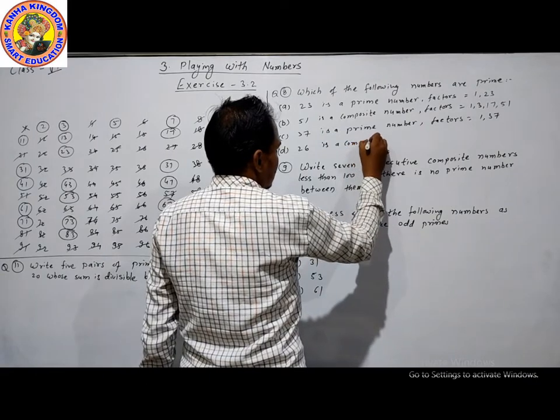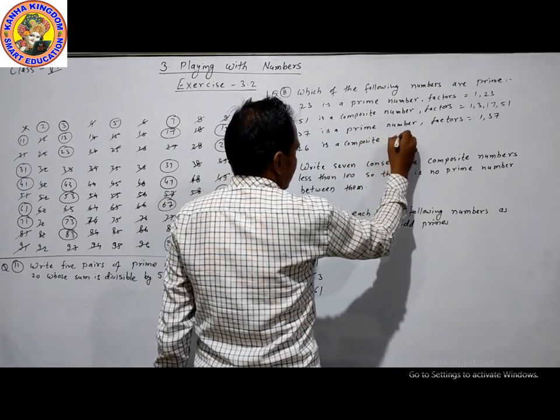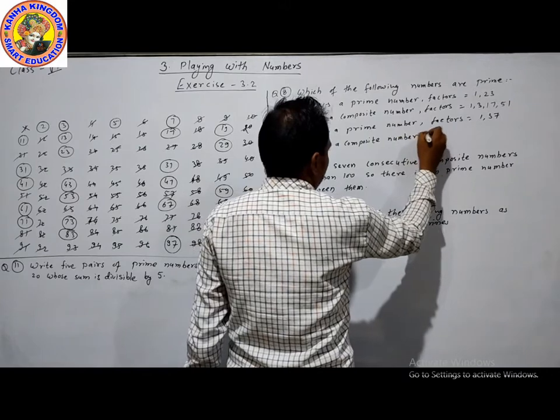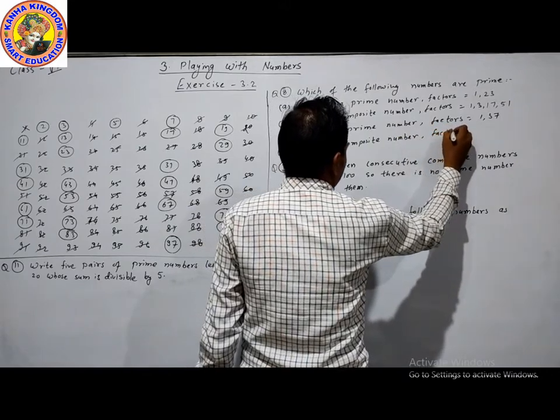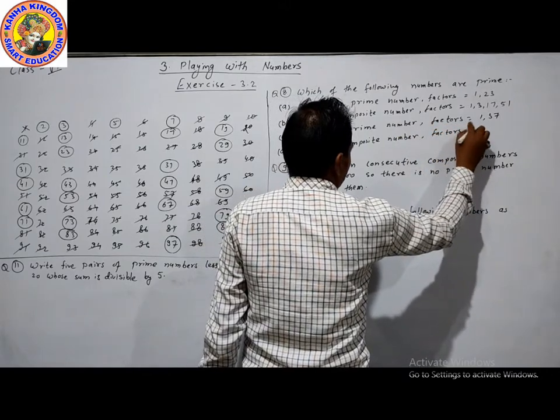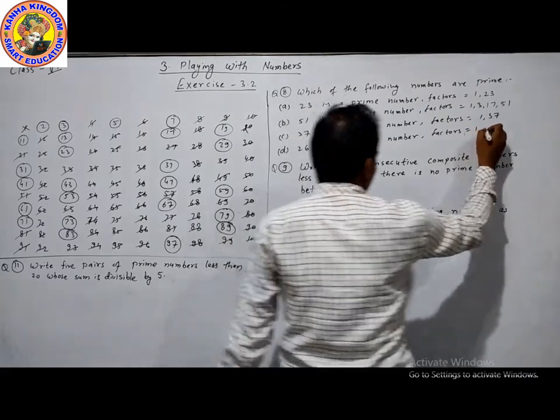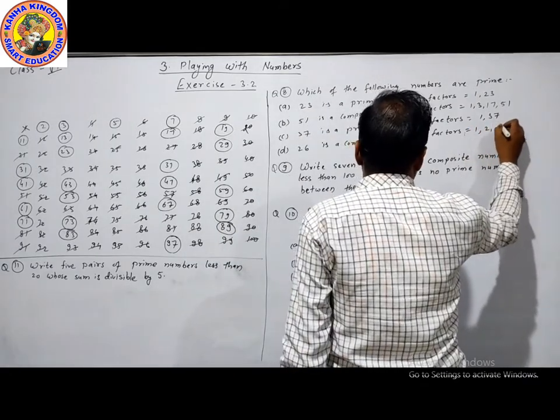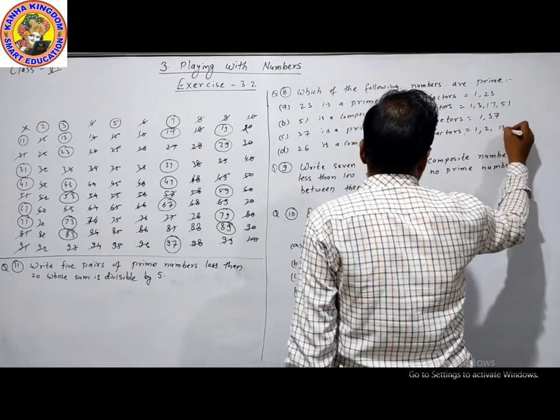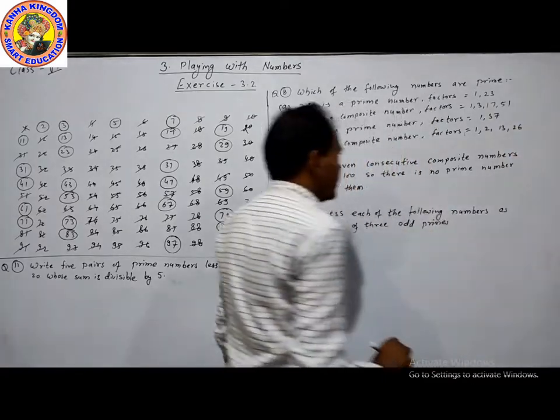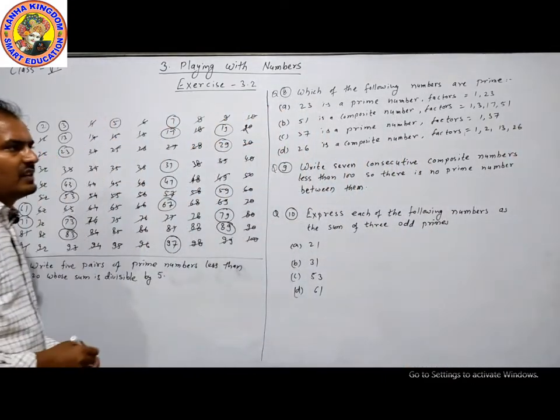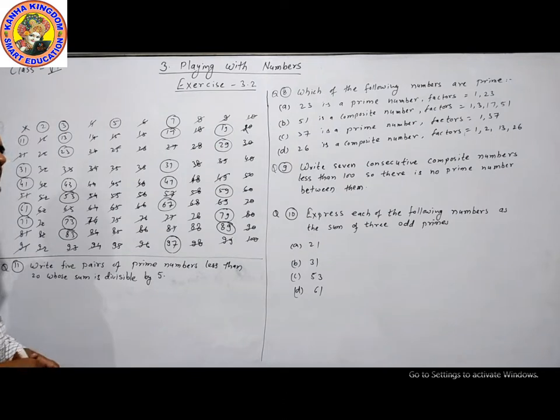This is our composite number. Checking the factors: first of all, 1, 2, can divide 13 times, and 26. These are the factors. If factors are more than 2, it is called a composite number. This is our answer to question number 8.